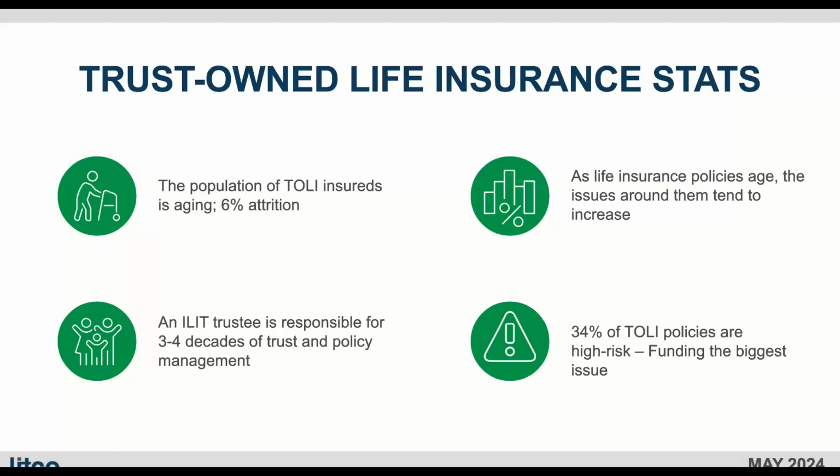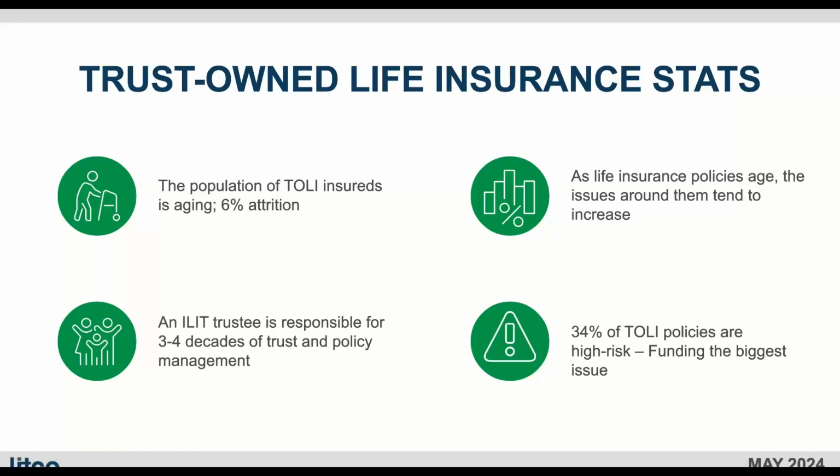We see a number of advisors planning ahead for that and writing new ILITs for their clients. An ILIT trustee is responsible for 3 to 4 decades of trust and policy management. That's the typical lifespan. If you're opening a brand new ILIT, it takes about 3 to 4 decades of management before that death benefit pays out.